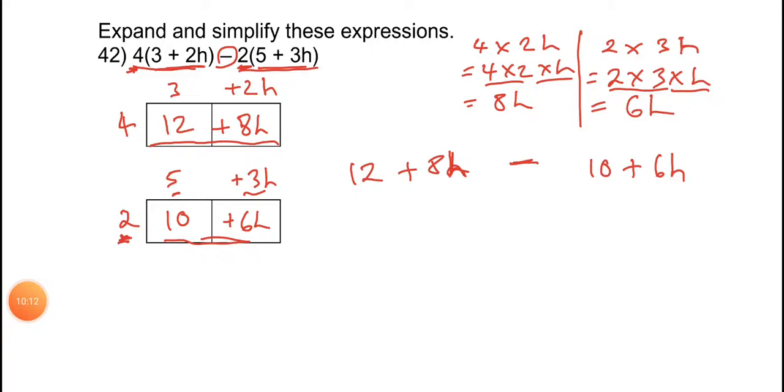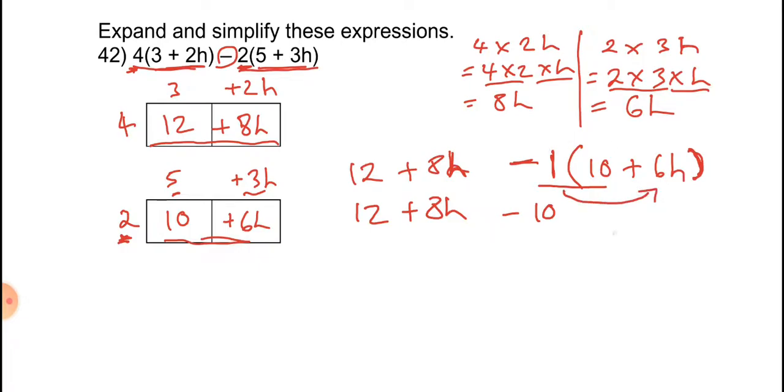So sometimes it's easier to see this inside a bracket and multiplying all of it, as if we're multiplying all of this by -1. So this bit here will stay the same, 12 plus 8h, and then here, well, -1 times 10 is just -10, and then -1 times 6h is -6h.